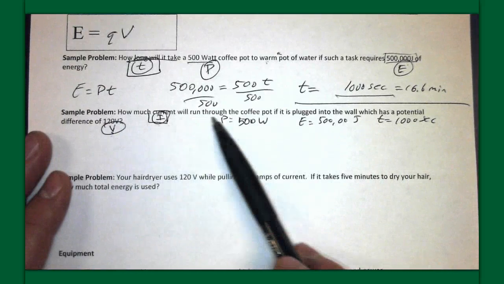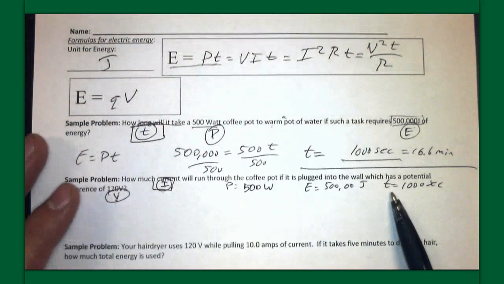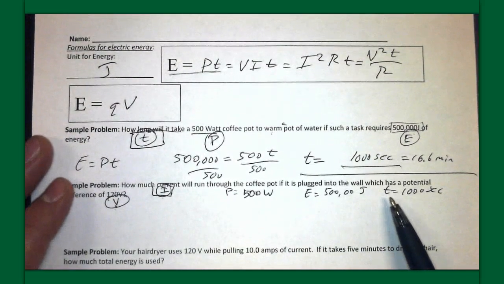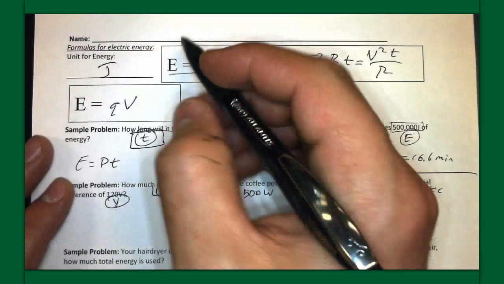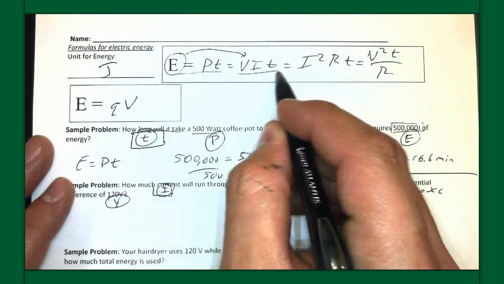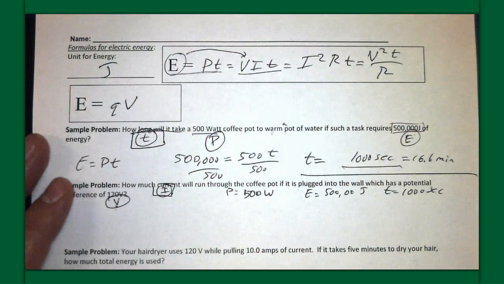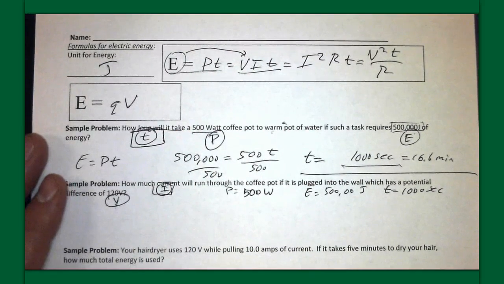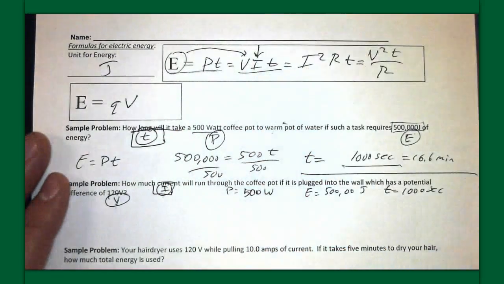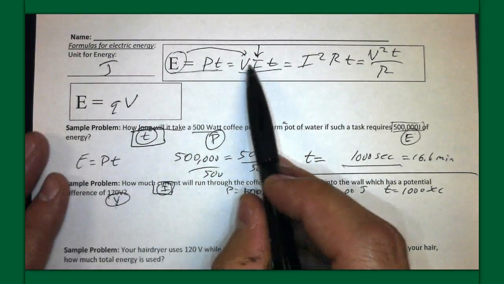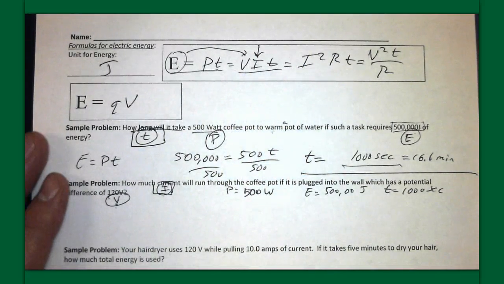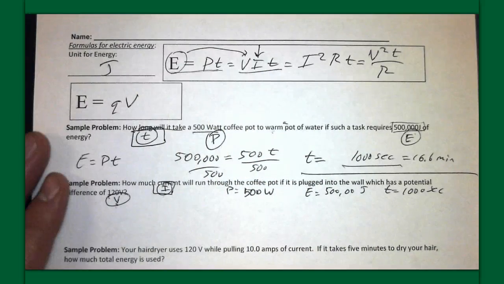Let's try and find an equation that has all those things in it. It doesn't necessarily have to have every single one, though. And if you look, we could use E equals VIT. That has the things that we're given and what we're looking for. Remember, we're looking for current here. And we have energy, we have voltage, and we have time. By the way, that's not the only thing you could do.